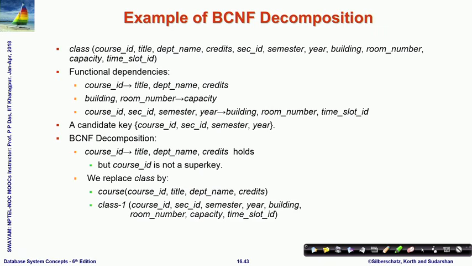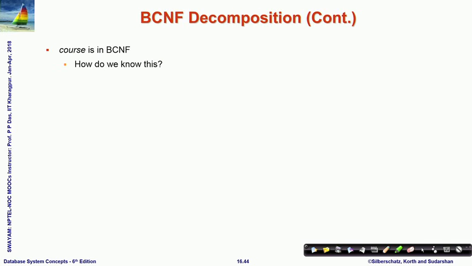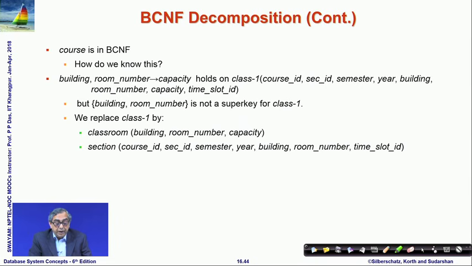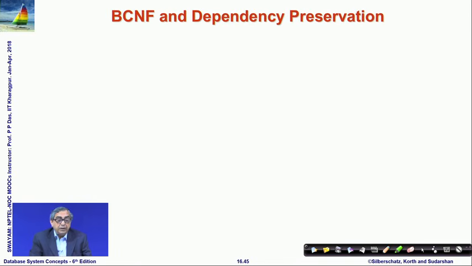So, you replace it by one relation, say a new course relation, and a new class relation which has the remaining attributes. You get convinced that course is in BCNF, but the other one, class, is not, because building and room number determines capacity, where building and room number together is not a super key. So, you split it again and replace class in terms of two new relations, classroom and section, and both of them are in BCNF, and you are done with this.